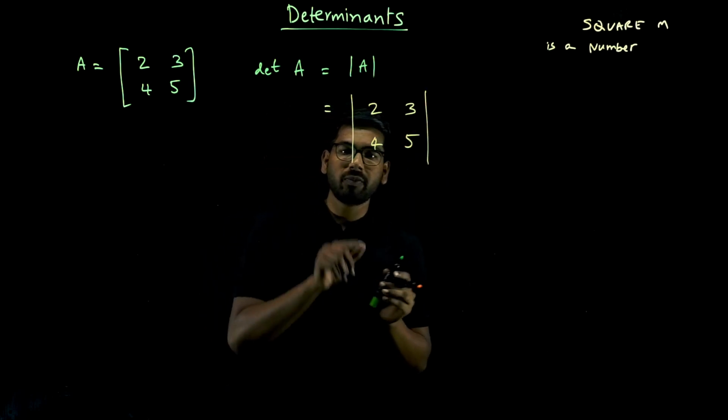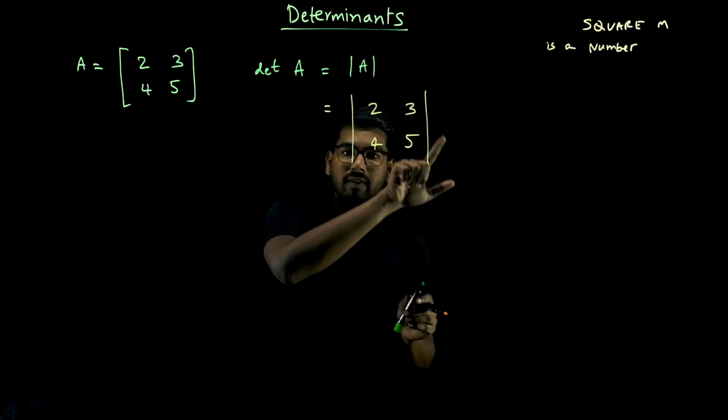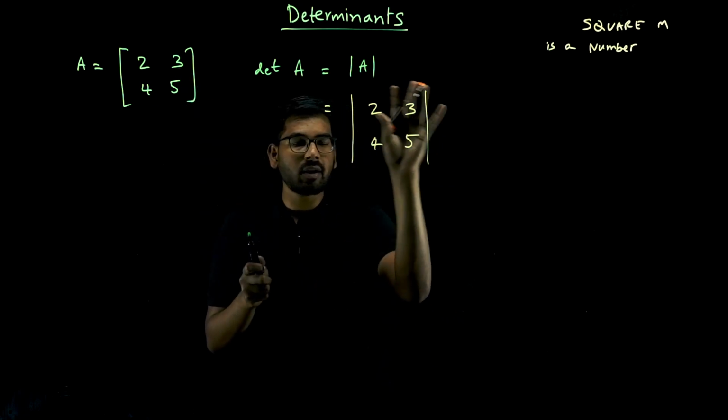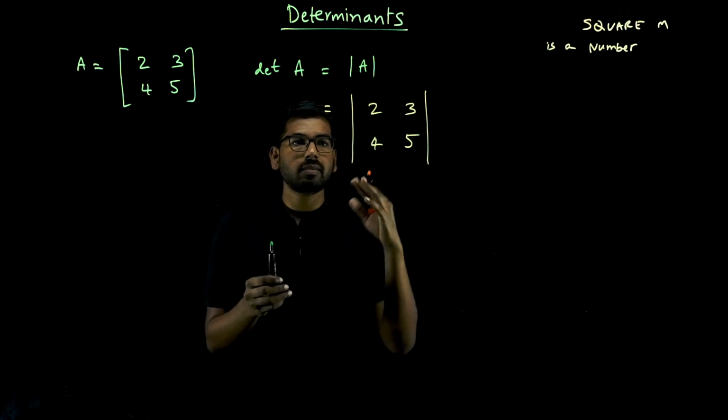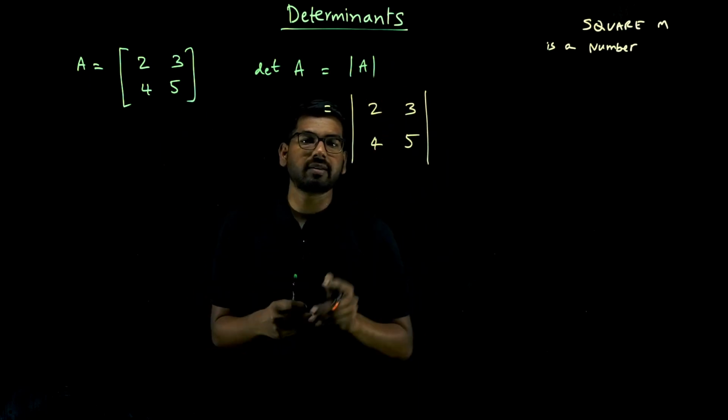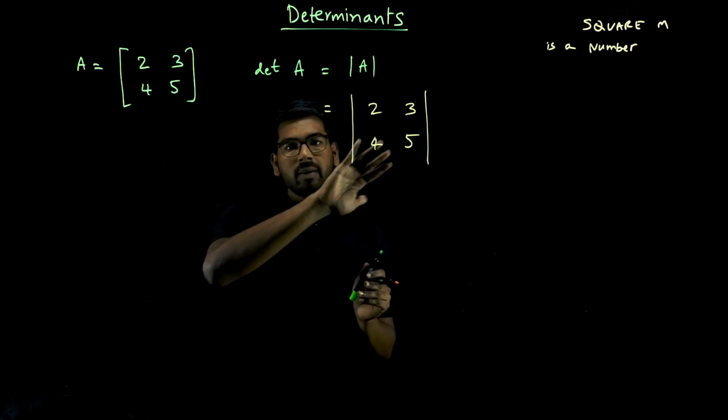Observe that these are not brackets, these are only lines. So this is how you write the determinant of a matrix: 2 lines and inside them the elements of the matrix.